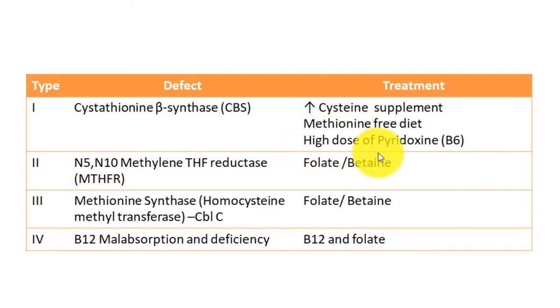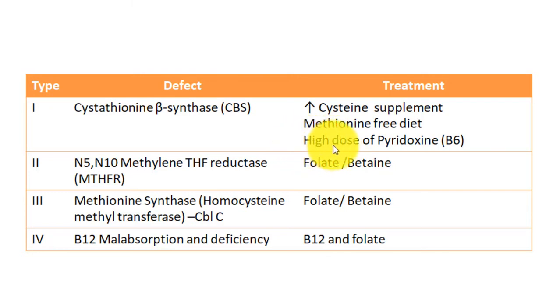And third, this is a very important point. In the case, the question was, what treatment would have prevented the condition? The answer is a high dose of pyridoxine, more than 50 mg. Generally our daily requirement of pyridoxine is less than 5 mg, but in this condition pyridoxine is given in an amount more than 50 mg.